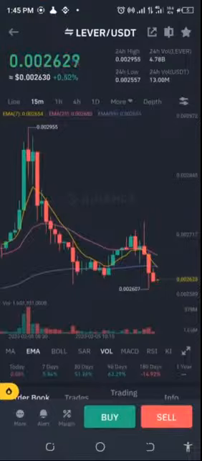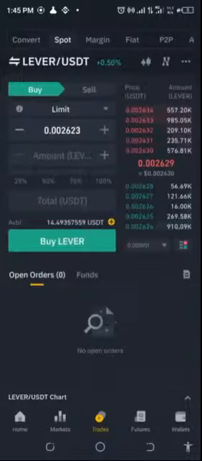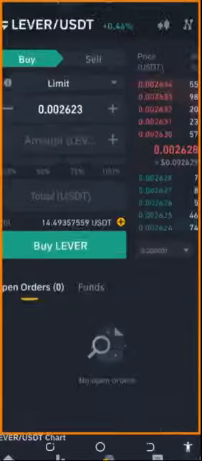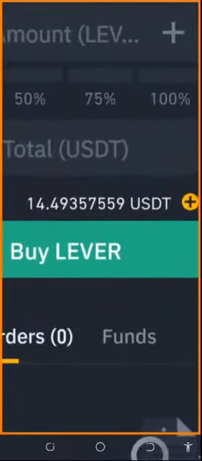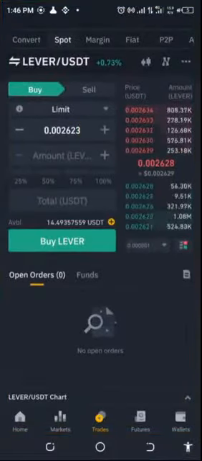We're going to buy this coin by limit, but we're going to put our own price, slightly lower than what we have here. Currently this is the market price, but we're going to buy by limit. So how much do we have here? We have 14.4935.